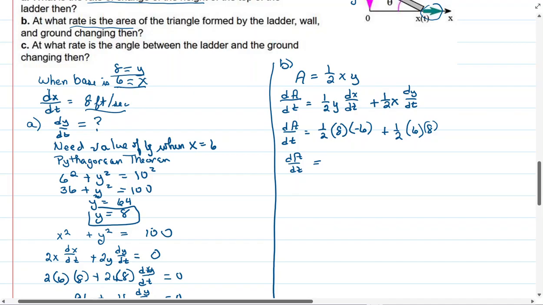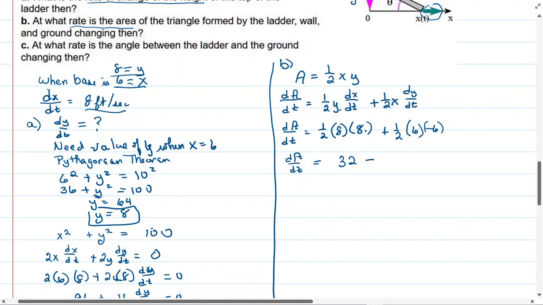Oh, I got them in reverse. I did the y and I immediately did the dy. No brains. Thank you. So this is 64, so that makes it 32.